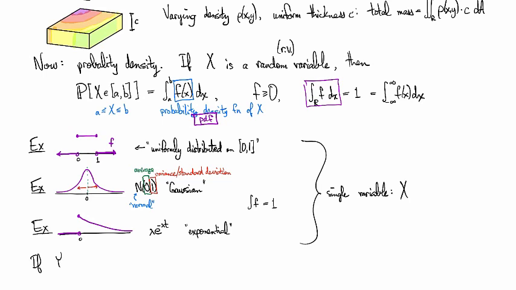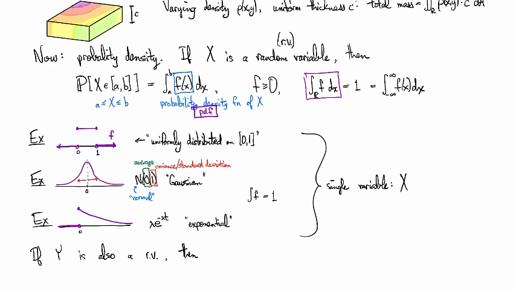So if y is also a random variable, then the way we model probabilistic events that include y is we say that the probability that the random pair (x, y) ends up being in some particular domain D, and so you would think of this being some region in R2.